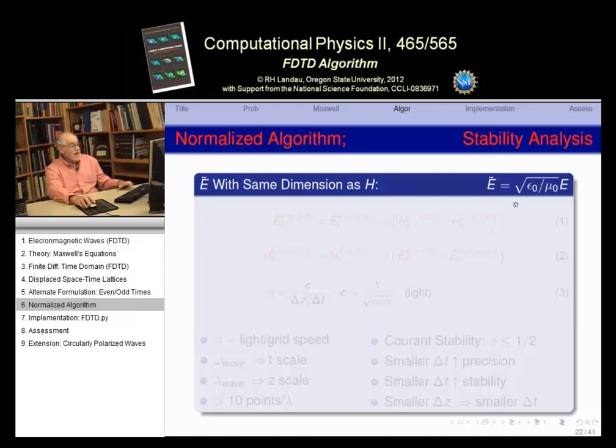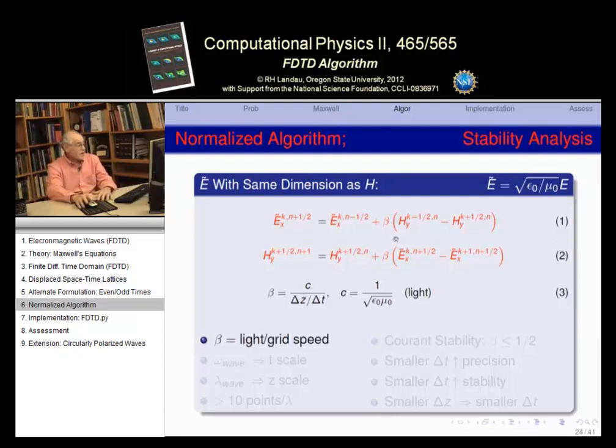So in terms of that, the algorithm becomes equations 1 and 2. We see here the E tilde algorithm has a beta, a parameter, and a bunch of constants in front, and the H field has a beta and a bunch of constants in front too. So now this is well balanced. It's easy to compute. And what is beta? Beta is very nice. It's just the ratio of the speed of light divided by this grid speed.